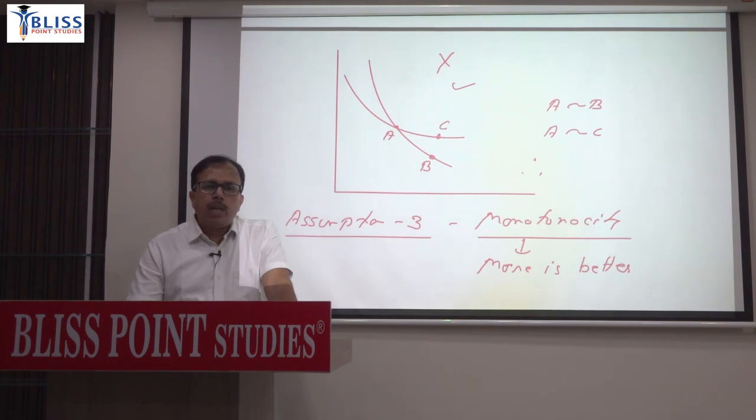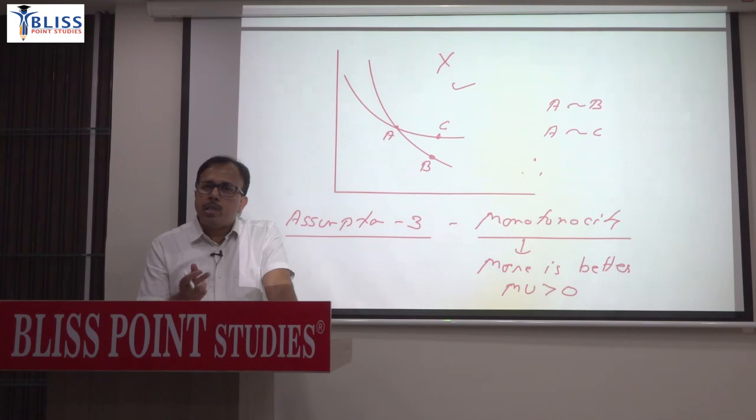But when can more be better? More can be better only when by consuming more, utility will increase. But if utility is increasing, we can say that the marginal utility must be positive, only then will total utility increase. If marginal utility becomes negative, then total utility will decline.